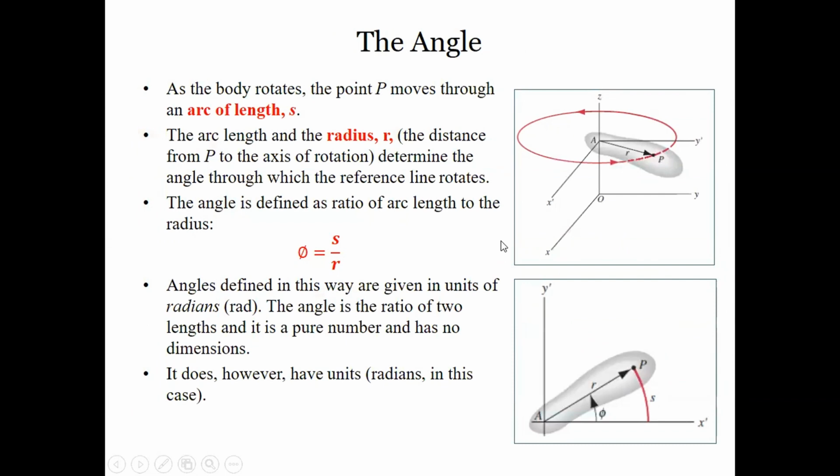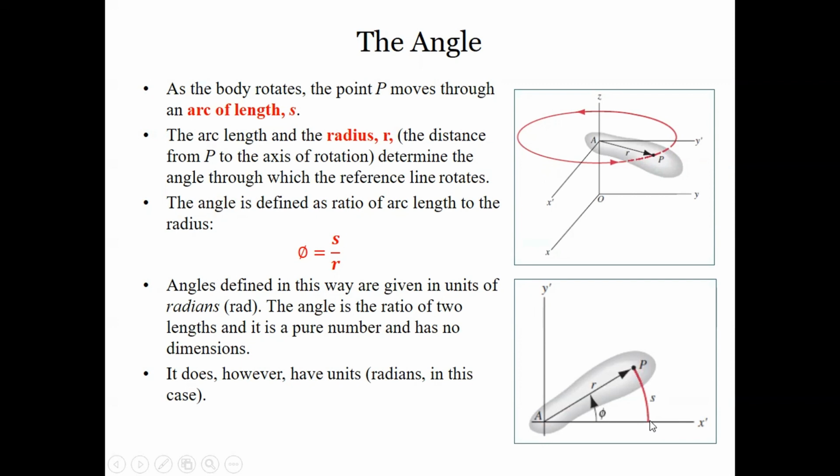Now we have to have some definition of the angle. So if there is a rigid body, for example, this is a rigid object, and it has a point P, and P point moves through this arc length S, and we are showing here a rotational circle, and the arc length is not the straight line distance, and arc length S is this tilted or kinked distance.